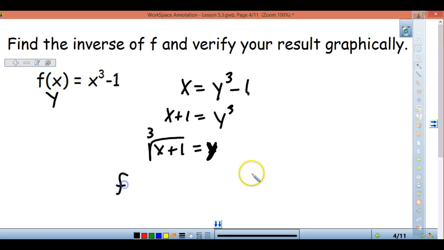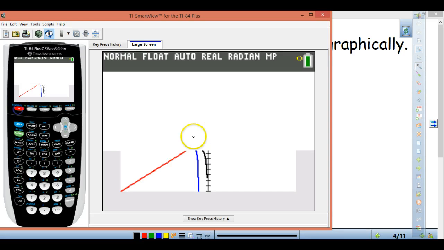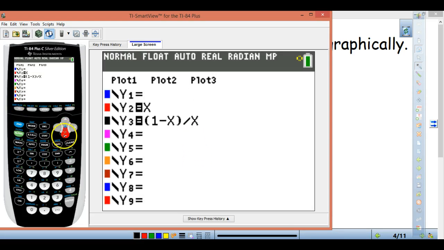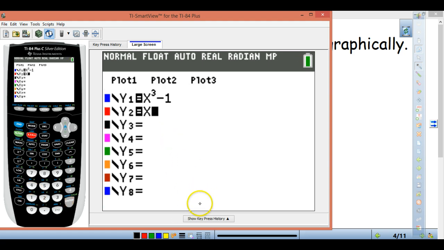If I want to rewrite that using the inverse notation, the inverse of f is equal to the cube root of x plus 1. If we want to verify that result graphically, let's go ahead and graph those two. Okay, so I'll plug in x cubed minus 1. The line y equals x, I'll put that in there.